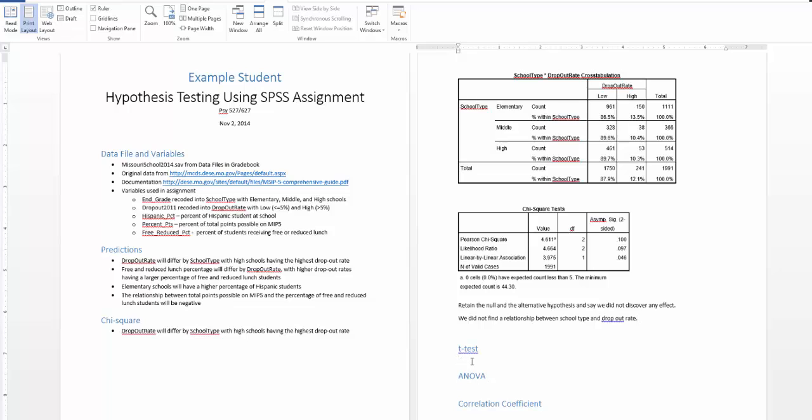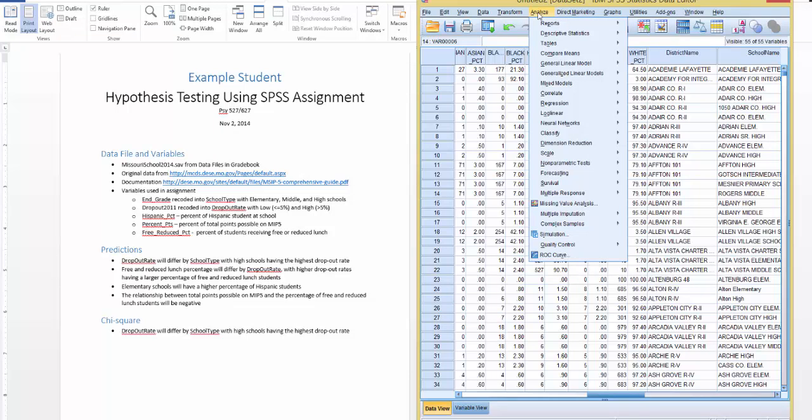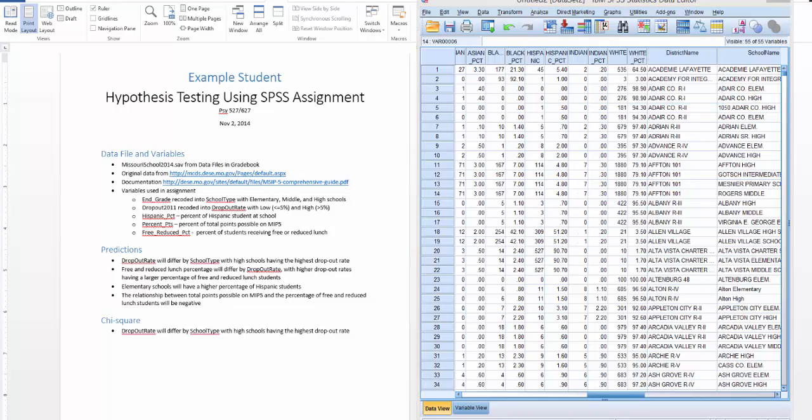For the t-test, we're going to look at whether free and reduced lunch percentage will differ by dropout rate. And again, we're going to look at dropout rates. We'll go back to our SPSS data file. To do our t-test, we'll go Analyze, Compare Means, Independent Samples t-test.